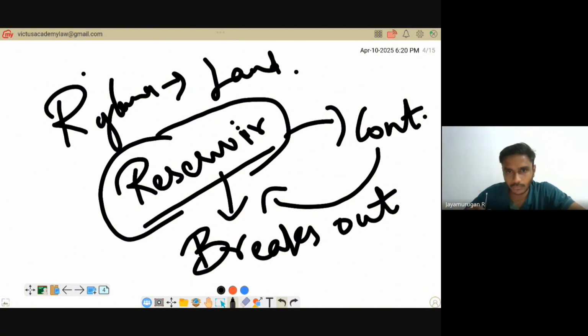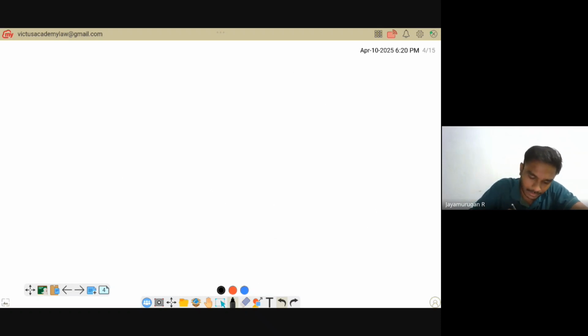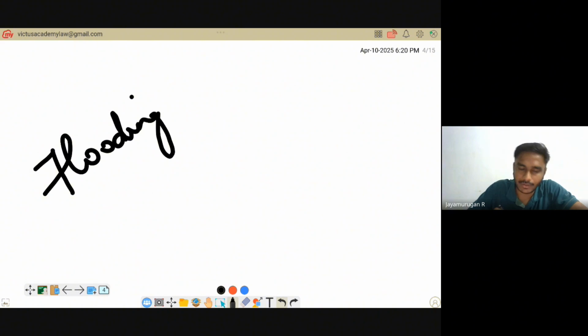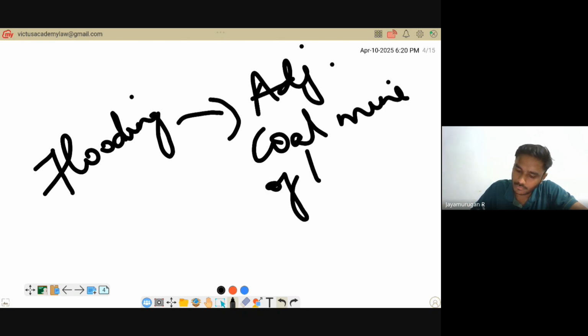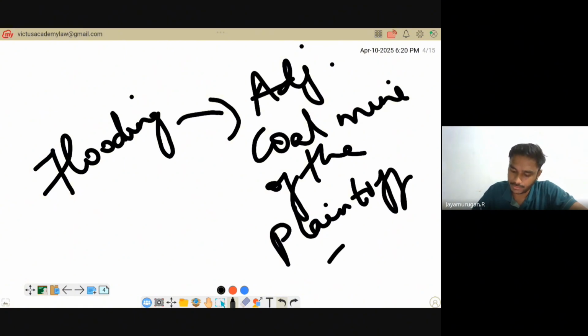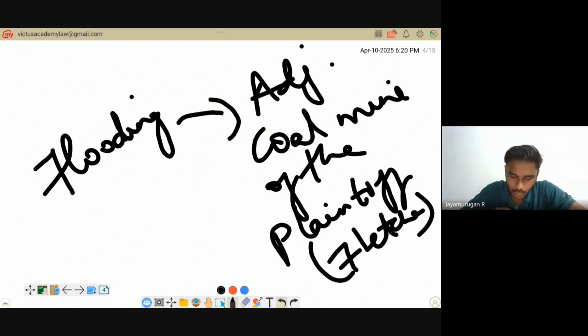It broke out, and it resulted in flooding in the adjacent coal mine of the plaintiff, who is Fletcher. Okay. So the water gets into the coal mine of Fletcher.